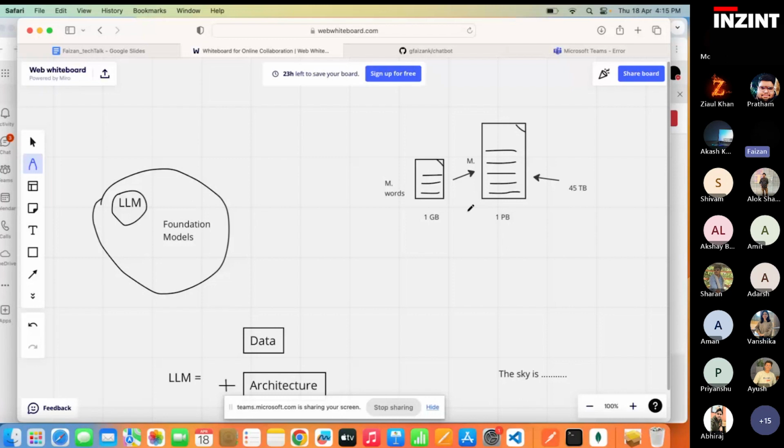To put that into perspective, a small text file of 1 GB can potentially store 178 million words of data. So a lot of words in just 1 GB. Talking about petabytes, we can visualize how many gigabytes are in a petabyte. Can anybody tell me that?